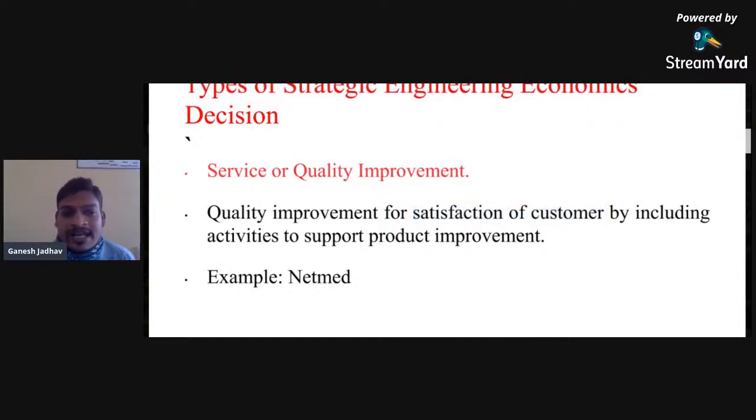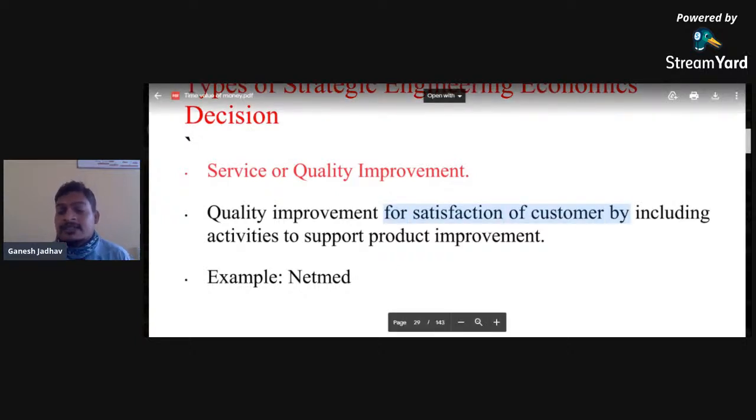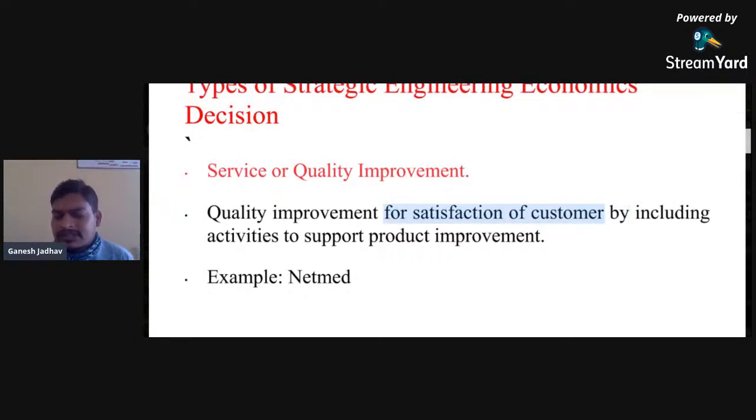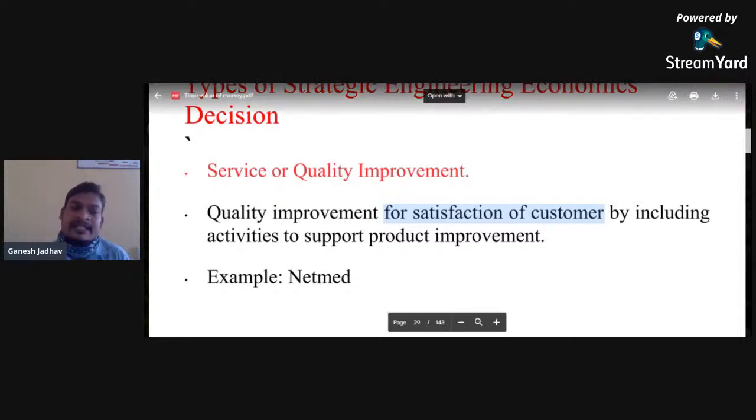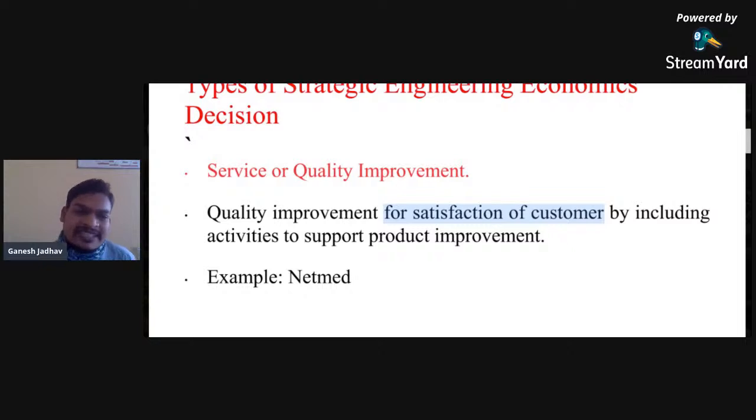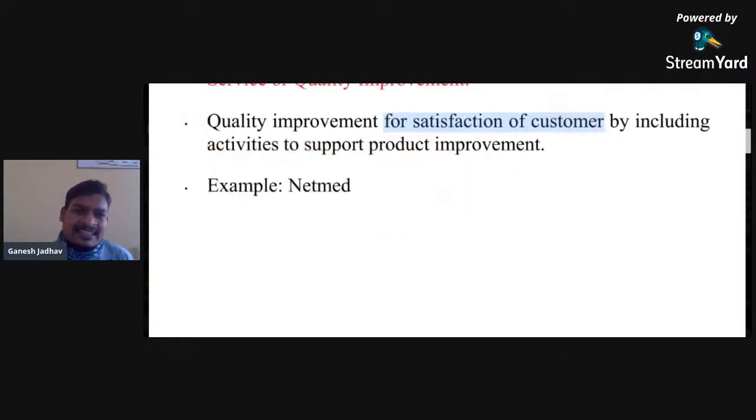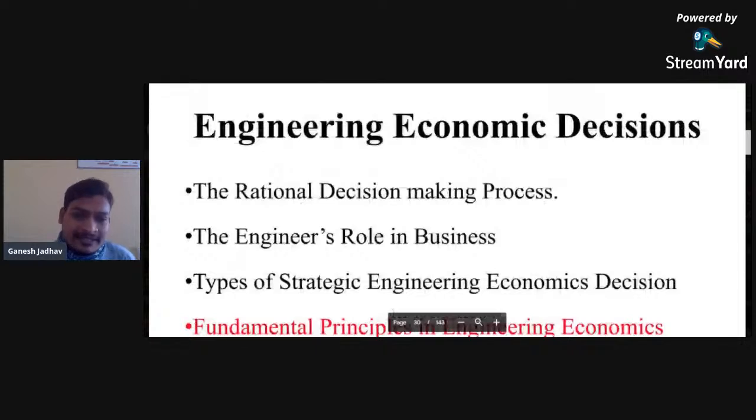With good services or good quality, customers are automatically satisfied with your product also, by including activities to support product improvement. For example, Netmade. This is one example of this type of strategy.